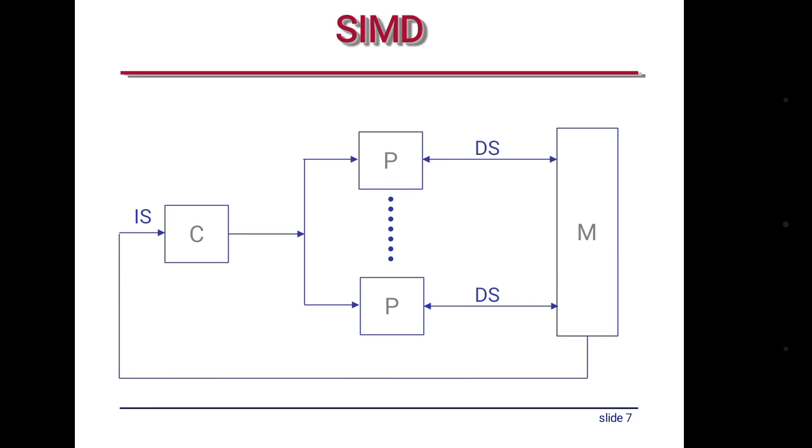Now what is SIMD? As the name says, SIMD is single instruction, multiple data. We take a single instruction from the memory and feed it to the control unit, and this instruction is then executed by several processors. As you can see, the dotted line signifies that there is not a single processor; there are many processors present here.